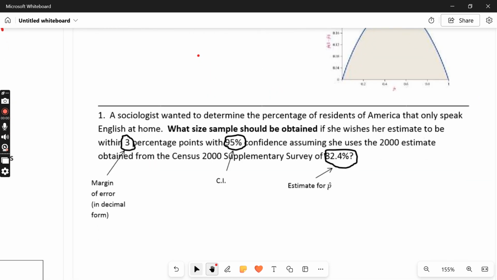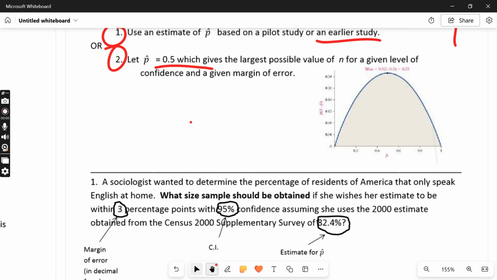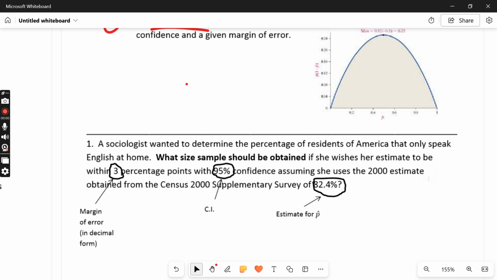Okay? So it says a sociologist wanted to determine the percentage of residents of America that only speak English at home. What size sample should be obtained if she wishes her estimate to be within 3 percentage points with 95% confidence, assuming that she uses the 2000 estimate obtained from the survey. Okay, so we're using this formula right here. We do have previous information.